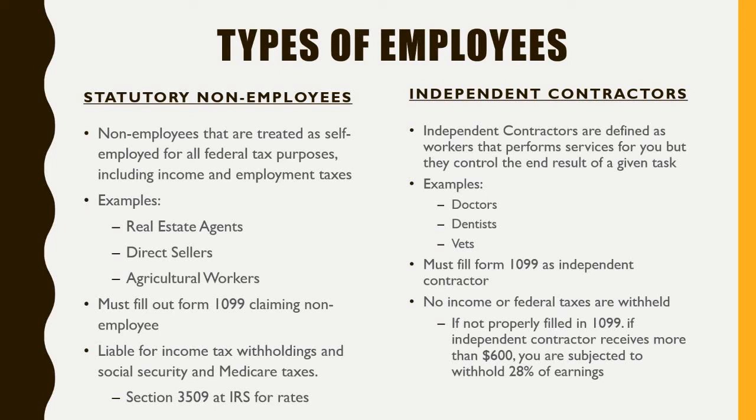So that form is not strictly used only for independent contractors; it's also for self-employment. Because these individuals are not going to be on the payroll list itself, they are responsible to pay their own income taxes as well as their benefits for the IRS.